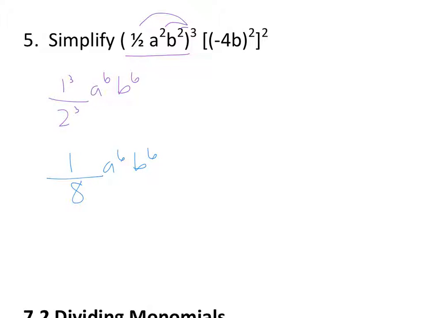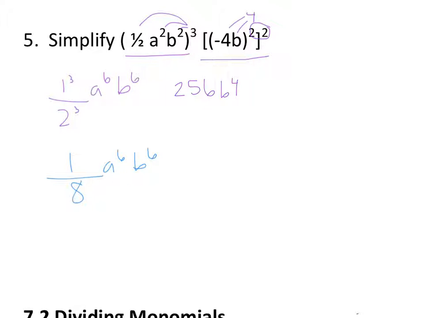And then let's look at the second monomial. I'm going to simplify my power to a power, and that changes to 4. Now distribute that 4 to everything inside the parentheses, and I get negative 4 to the 4th power, which is 256, b to the 4th.